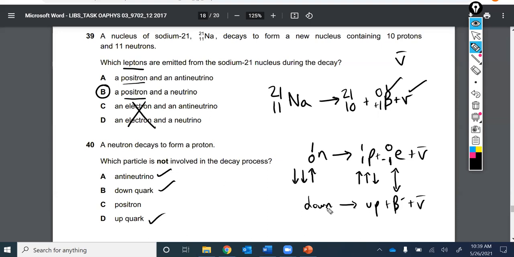The up quark is involved. The positron is not, because it's not positron emission like we saw in question 39. It's just regular beta minus decay with an electron. So you do get the antineutrino when you get that. So the correct answer for this one has to be C. So you should have got B, C for 39 and 40. This has been a radioactivity paper 1 review.